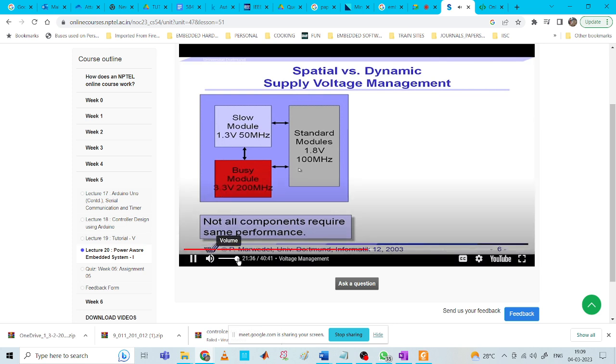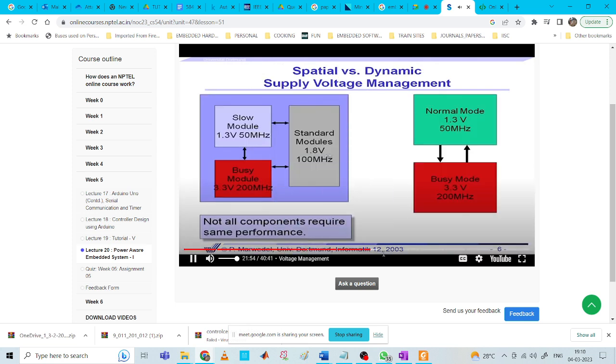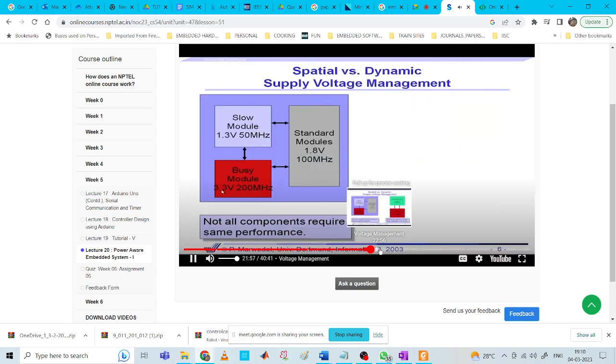So I want to make it faster. So I put it at 3.3 volt and 200 megahertz. Now, if I go from this sort of curve, I can say that at a particular VDD, what is the frequency that I can get. So at 3.3 volt, I can run it at 200 megahertz.